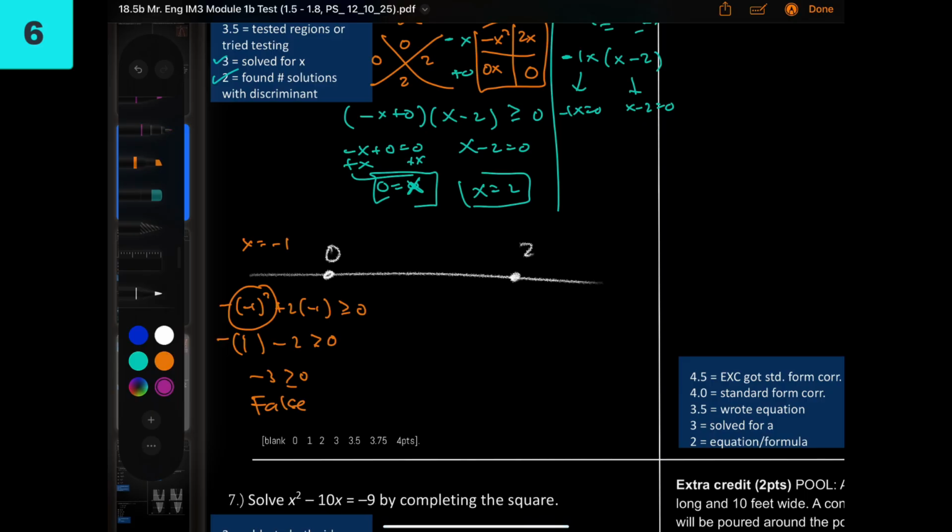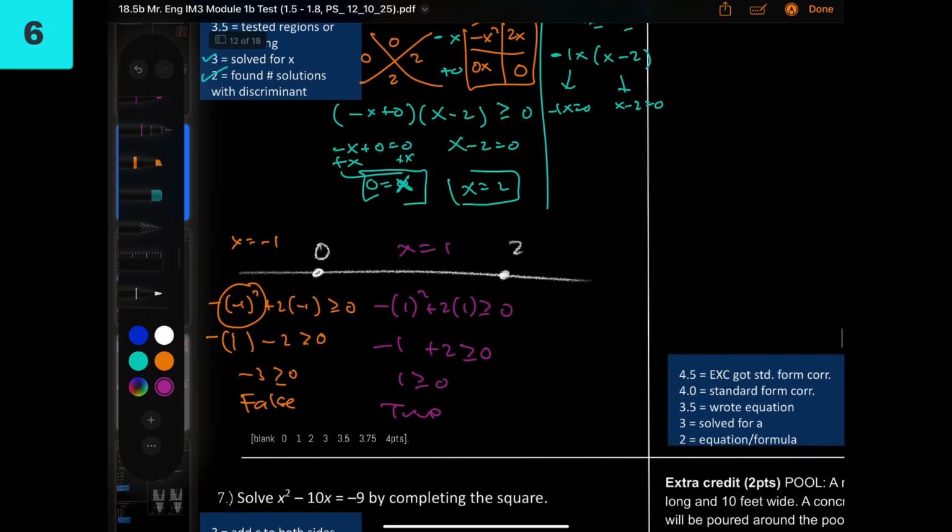Okay, let's do the in-between regions. X equals 1. So I have this. That would be 1 squared, PEMDAS, so that would be -1 plus 2 is greater than 0. And then 1 is greater than 0, this would be true. Okay, so x equals 3.